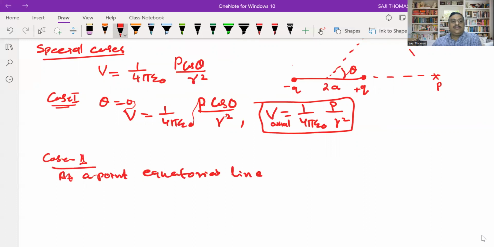First case was what? At a point on the axial line. This was the first case, at a point on the axial line.